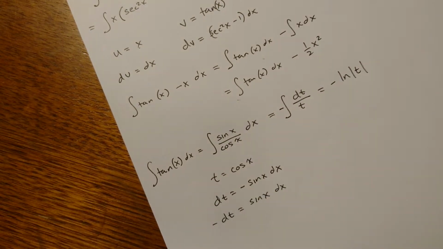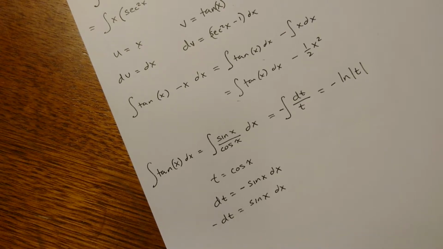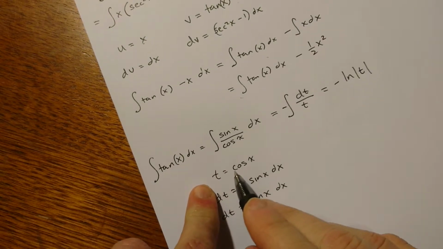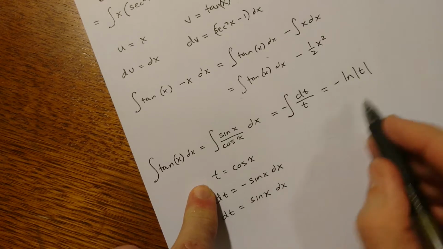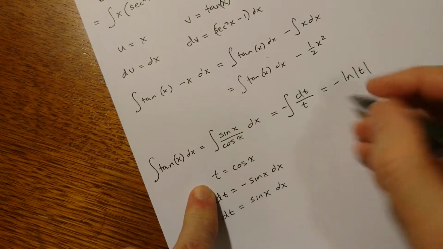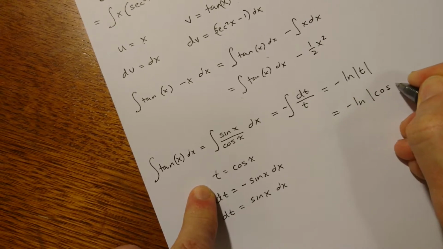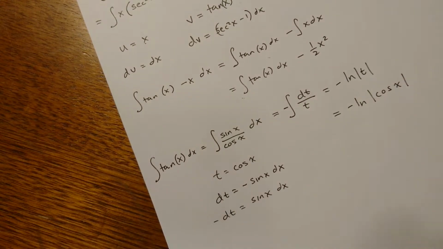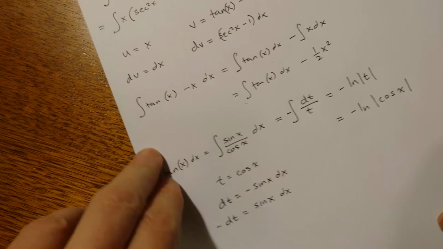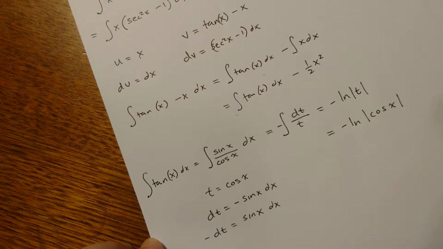Again, I'm ignoring constants of integration because we're going to be evaluating this. And then I need to substitute this back in. t is cosine, so this is negative natural log of cosine of x.